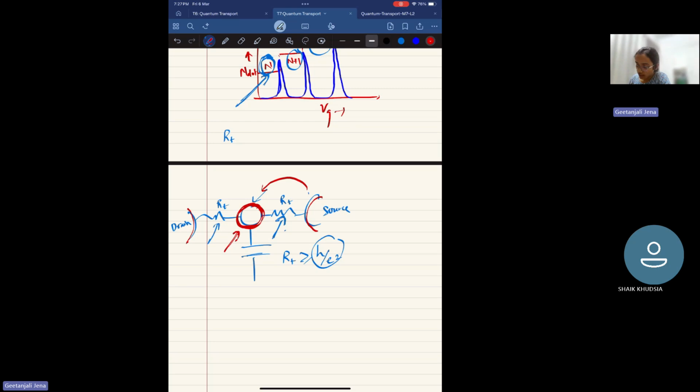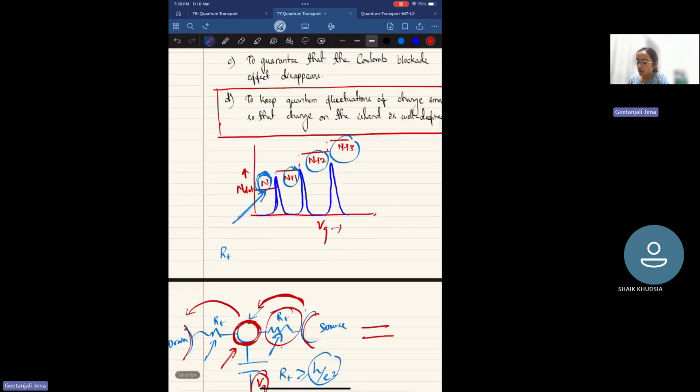And only when we apply a gate voltage which lowers down the n+1 energy level, only in that case we'll see a tunneling from source to dot and dot to drain. So that is why we need a tunnel resistance so that the electron can't flow easily from source to dot and from dot to drain.